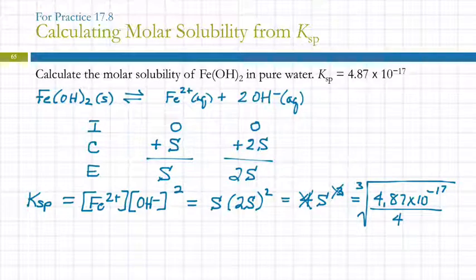You press that one, and then you put in the stuff underneath. 4.87 times 10 to the minus 17 divided by 4. 2.30 times 10 to the minus 6.